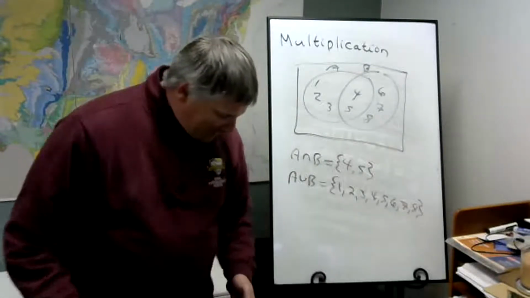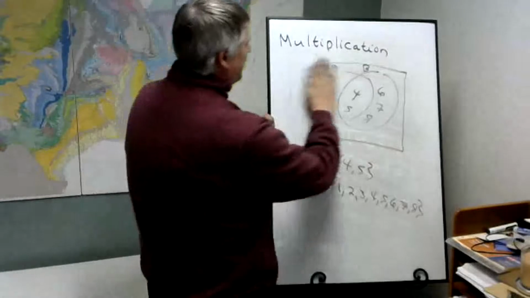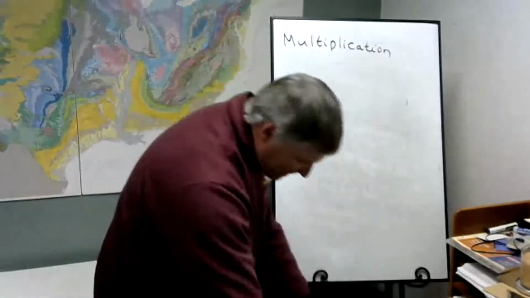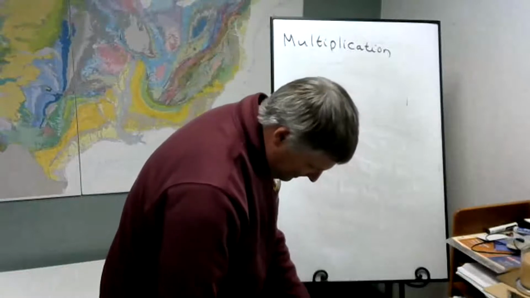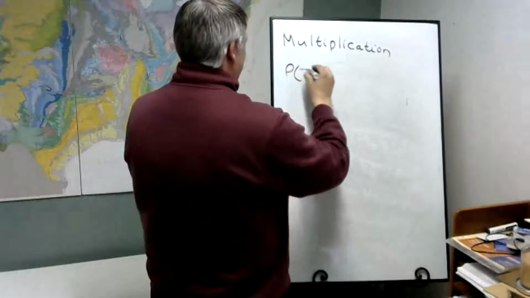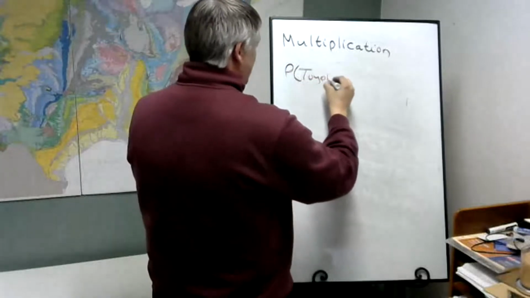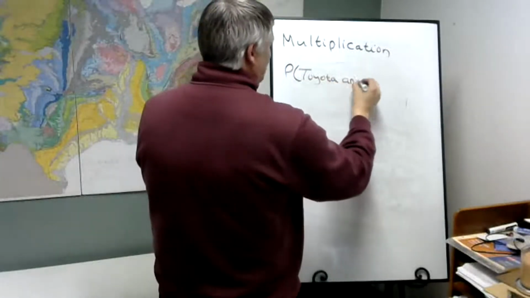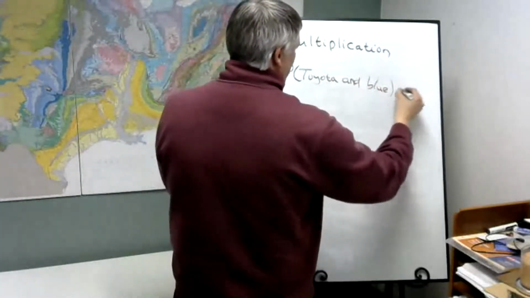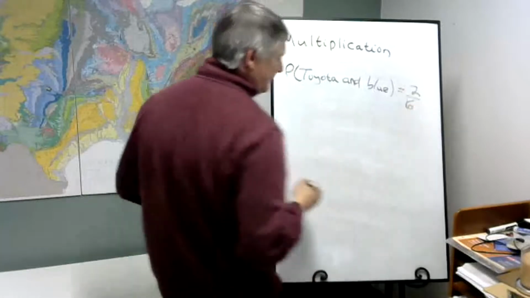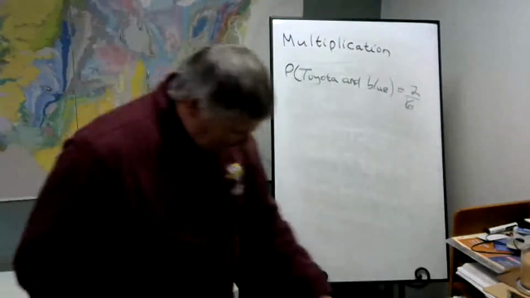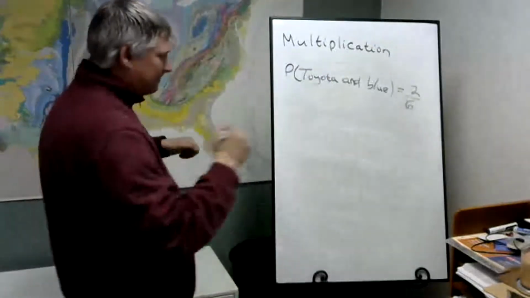So going back to our car example, we saw that the probability of a car that's both Toyota and blue at the same time was 2 out of 6. Excuse me. So let me make a note.